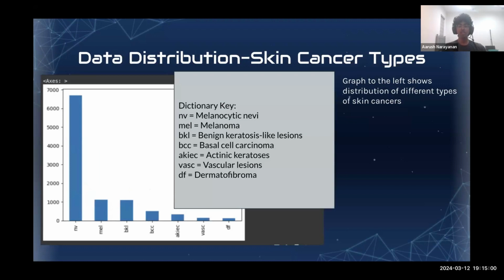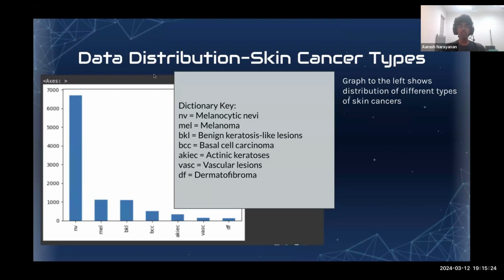Next, we have the data distribution of our skin cancer types. There's a dictionary here that shows you all of the different types of cancers. Now, as you'll immediately notice, melanocytic nevi, or the NV, makes up an overwhelming amount of the skin cancer dataset. This is a slight problem because it can create something known as overfitting.